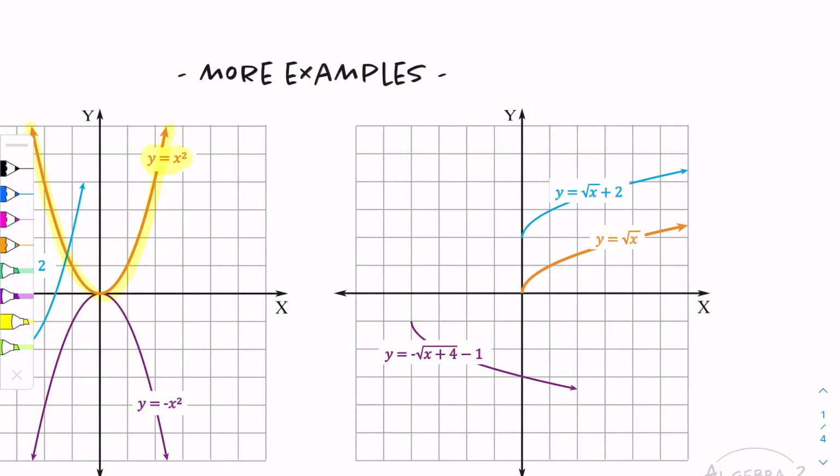Here we have this graph with the parent function, y equals the square root of x. That's the most basic compared to y equals the square root of x plus 2, or y equals negative square root of x plus 4, minus 1.